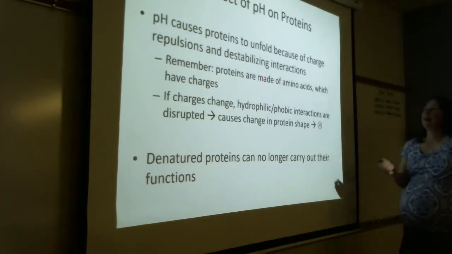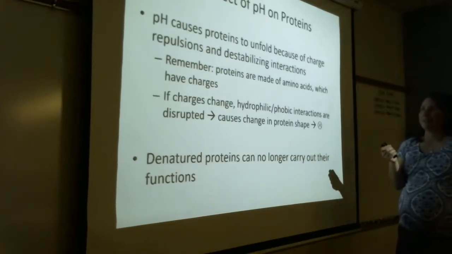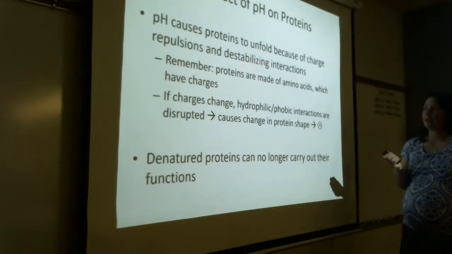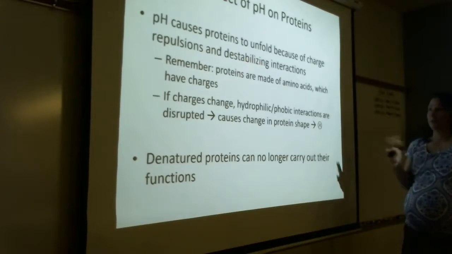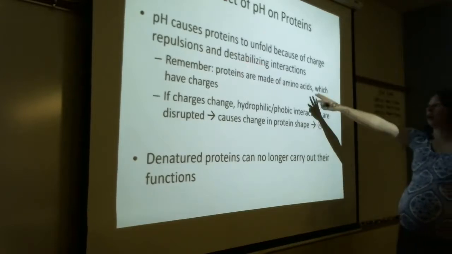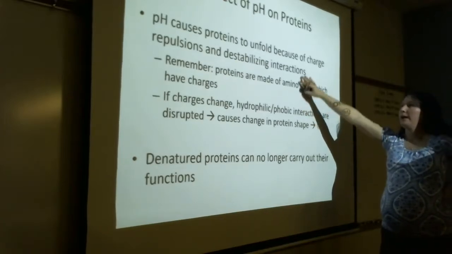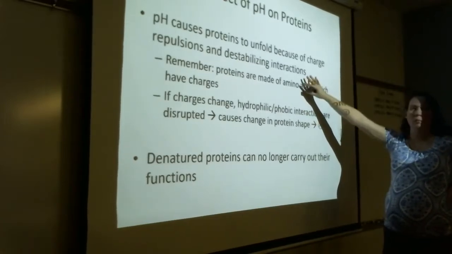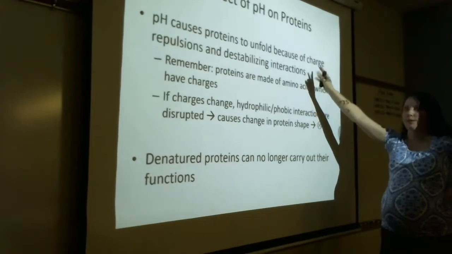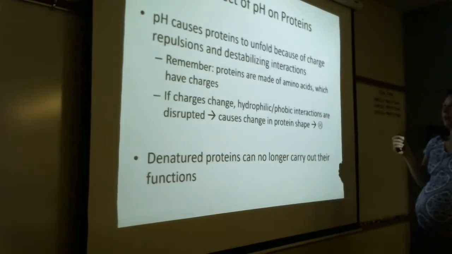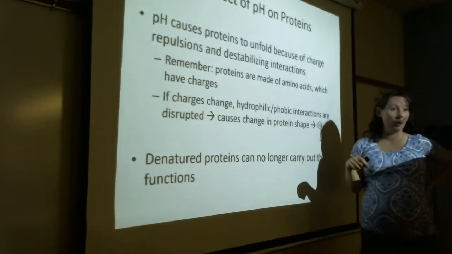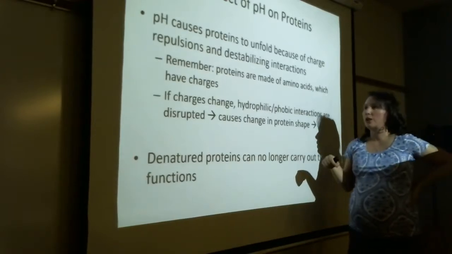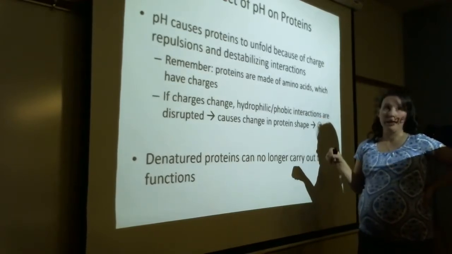And then, again, pH is especially nasty because it destabilizes those IMFs really badly, right? Amino acids are charged, and so you're going to have major problems if you start messing around with pH. This is why there's an optimum pH for proteins. All proteins are pH specific.